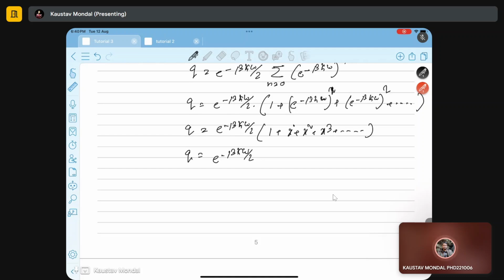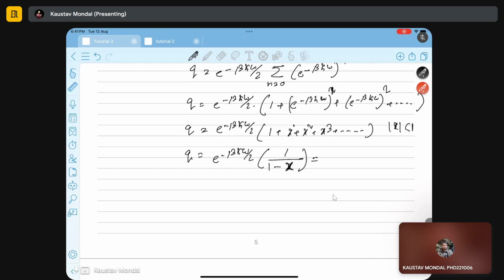If you do the summation, it is 1 by 1 minus x, where the mod of x should be less than 1. In our case this should be true. This is basically the summation of an infinite geometric series.